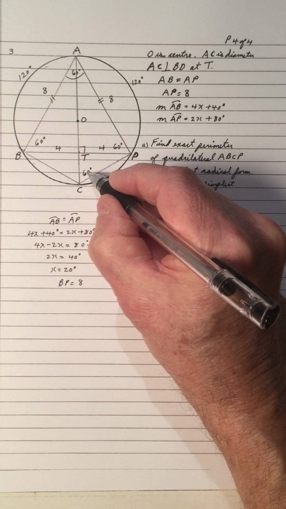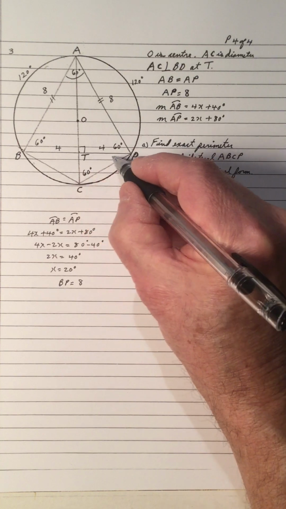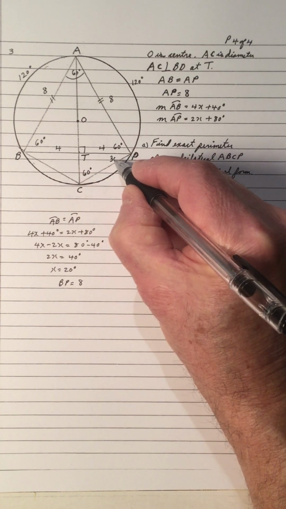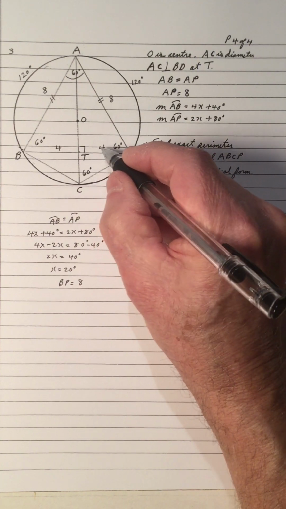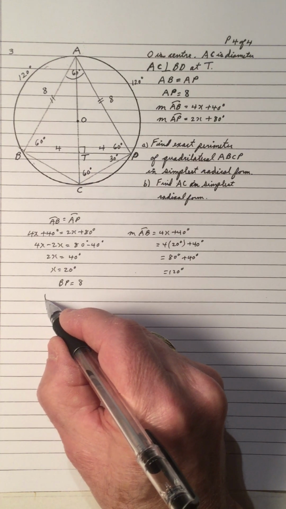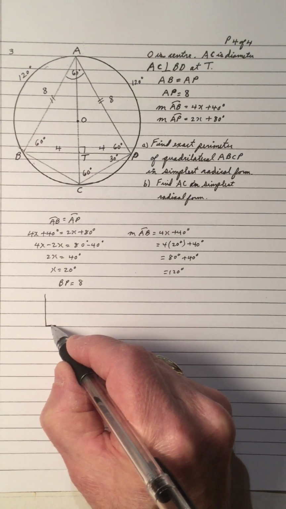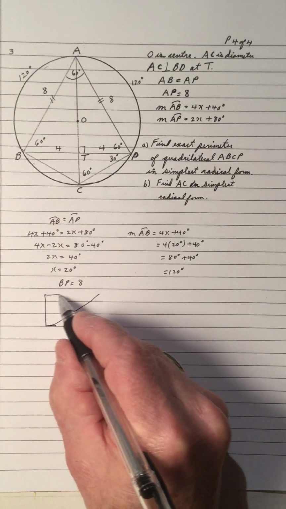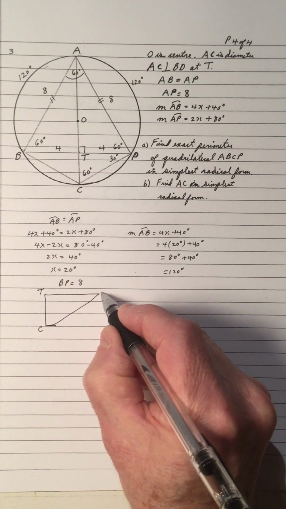And if this angle is 60 and that's 90, this angle is 30, because the angles of a triangle add up to 180. So let's draw this triangle here now, in relation to what we have in the diagram. That's T, C, and P.